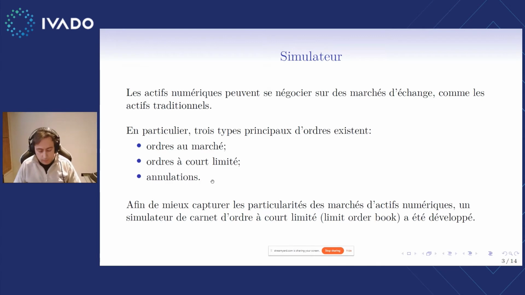So in order to really know what is happening, we try to simulate the orders. The first main task of Jean-Francis was to build a simulation. And the simulation will mainly consider the two kinds of orders, the limited orders and the cancellations, because the market orders are directly executed.